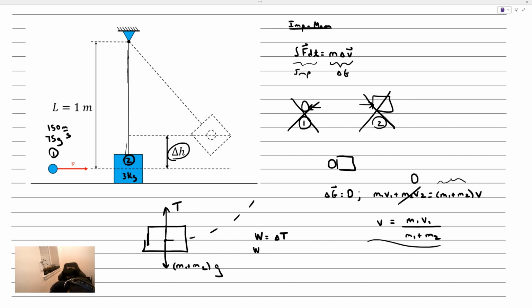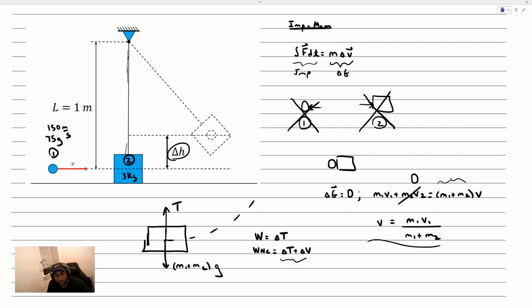If it's just the work of non-conservative forces, the change in potential plus the change in kinetic energy, this right-hand side, is called the total mechanical energy. That's equal to the work done by non-conservative forces, where non-conservative forces are forces like tension, and conservative forces are forces like those due to gravity, a spring, or magnetic interactions.